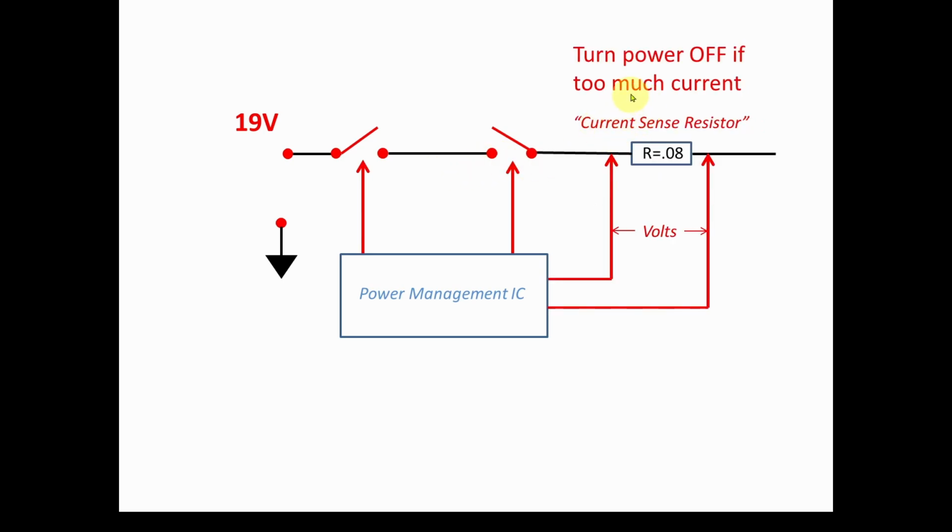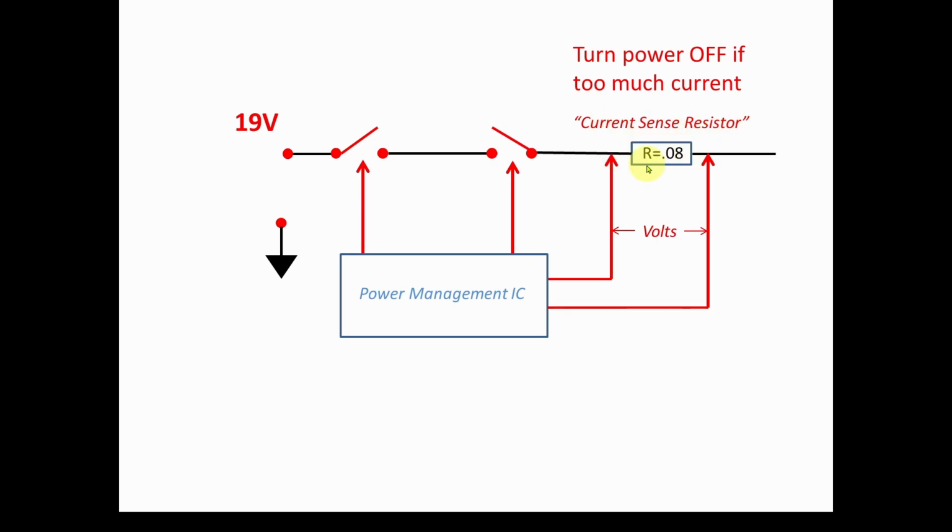So if we want to measure the current in this circuit to make sure there are no short circuits, and if there is a short circuit, if there's an overcurrent, we want to turn these switches off or open them. So how are we going to do that? Well, a very typical way in electronics, we talked about that in our ATX power supply for desktop motherboards, is to use a current sense resistor.